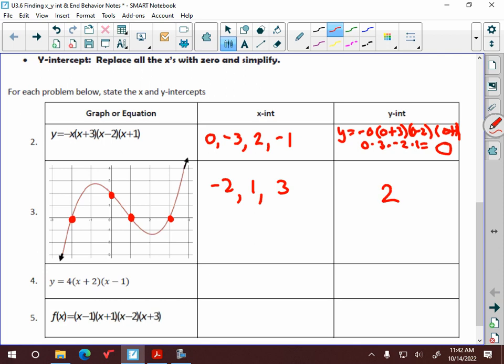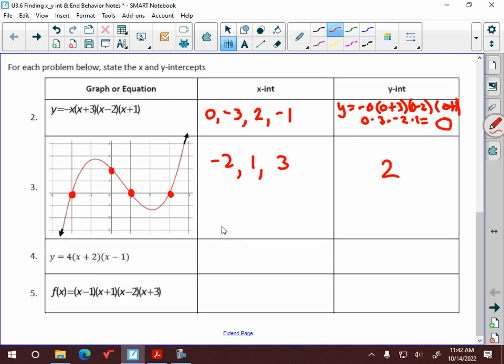Okay. Number 4, similar to number 2, we have the equation. It's already in factored form. The 4 on the outside, because there's no x with it, we can ignore it for the x-intercepts. The x plus 2 is going to give us a -2 x-intercept, and the x minus 1 is going to give us a +1.